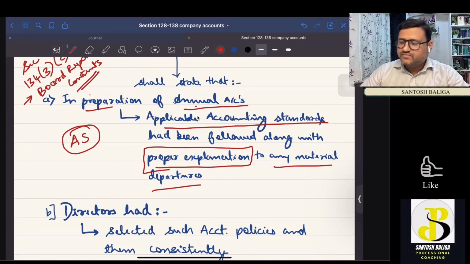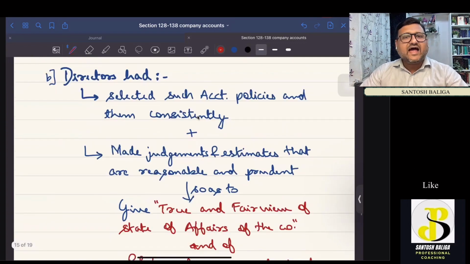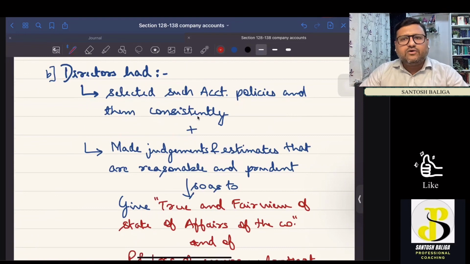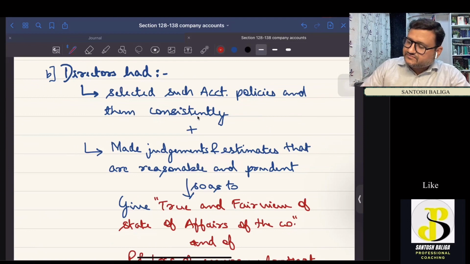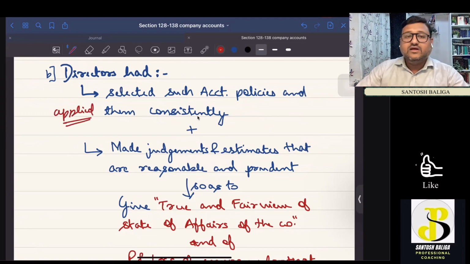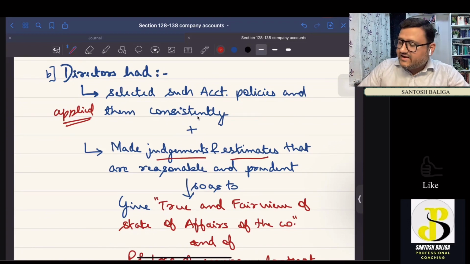Okay, the first point. Second point is directors had selected such accounting policies and applied them consistently. So the directors are taking responsibility that accounting policies have been selected by the directors and have been applied consistently, and wherever it was necessary, the directors have made judgments and estimates which are reasonable and prudent.